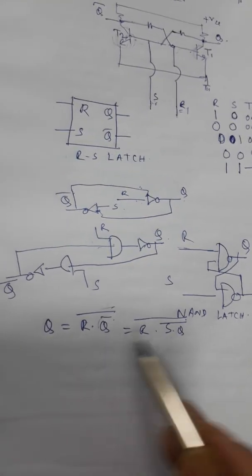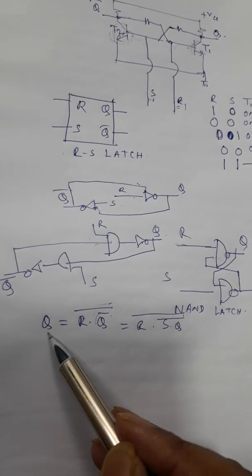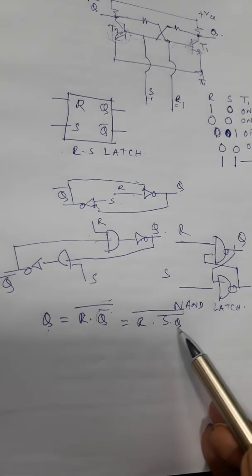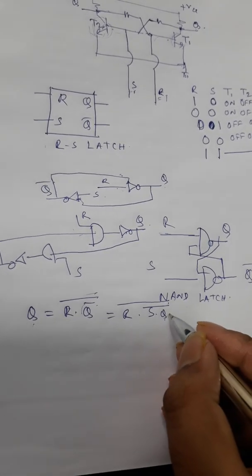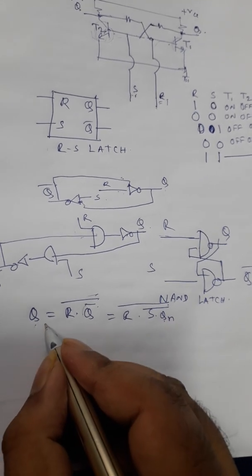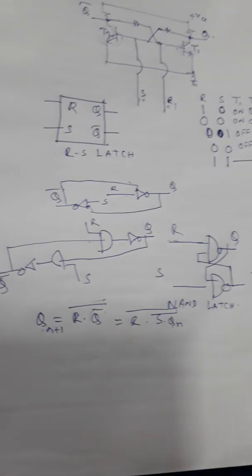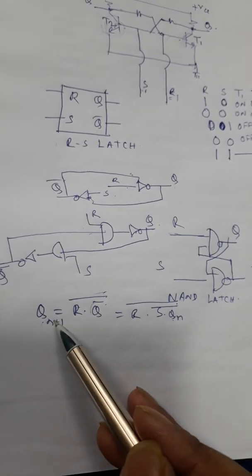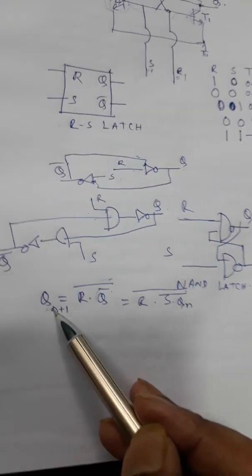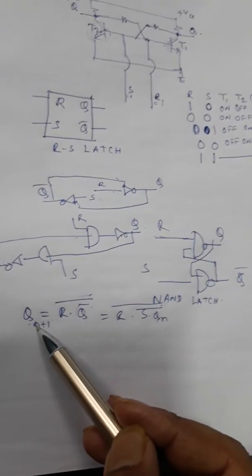Now in this equation, in the left hand side you have a Q, and in the right hand side also you have a Q. Actually this Q is the nth state and this Q is the n plus 1 state. That is, this is the previous Q and this is the present Q, or you may say next Q.